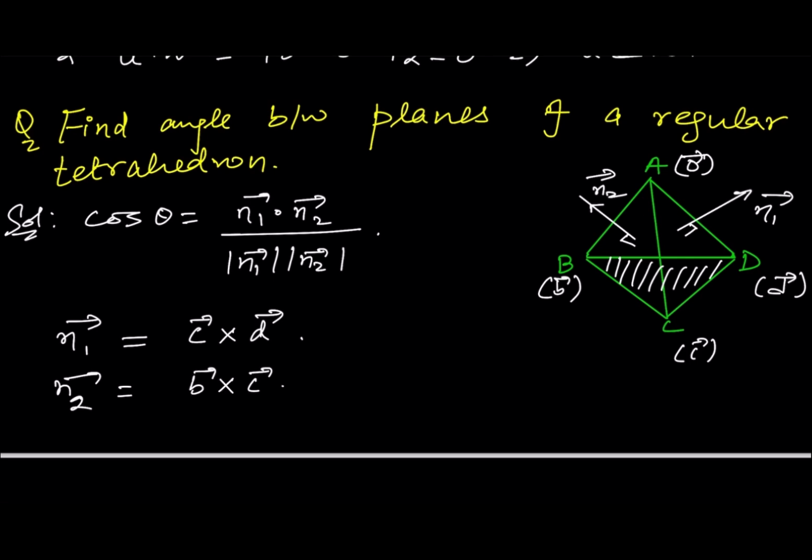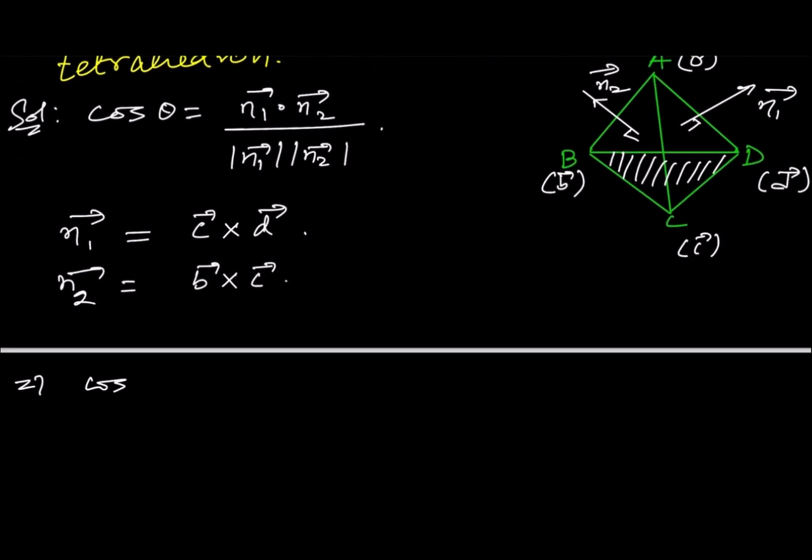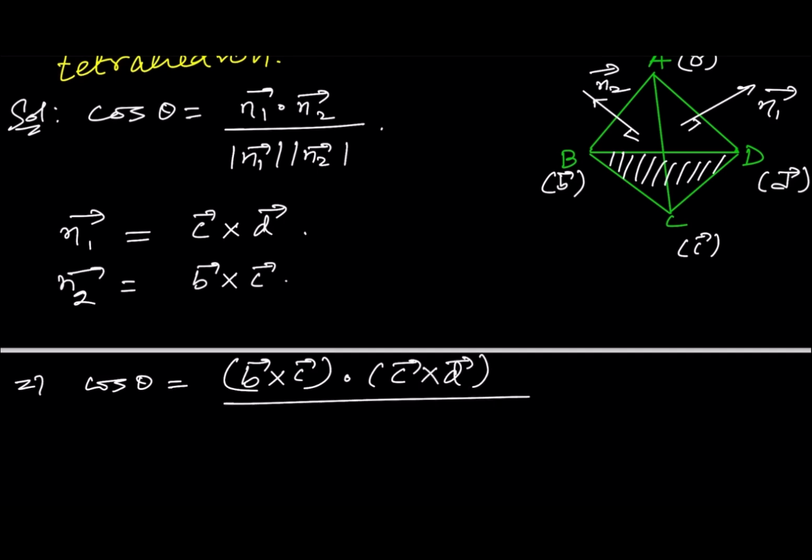Okay, now cos theta will become b cross c dot c cross d on mod of b cross c into mod of c cross d, right?